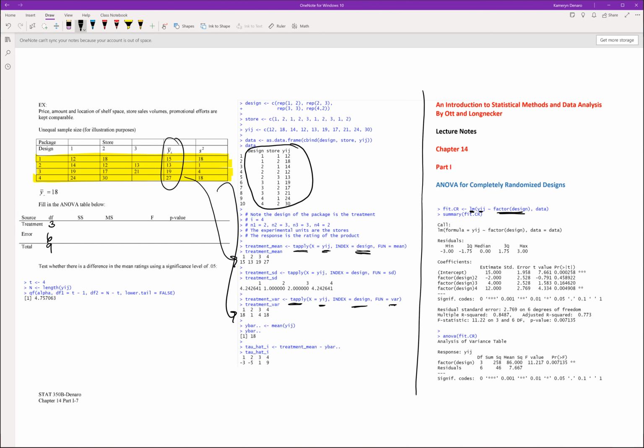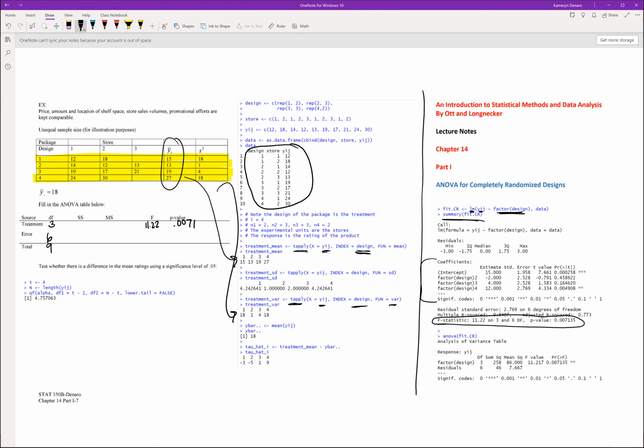If I get the summary of fit CR, that's going to give me the coefficients as well as the overall F test in this final line. So here, I know that my F statistic is 11.22 and the p-value is 0.0071.